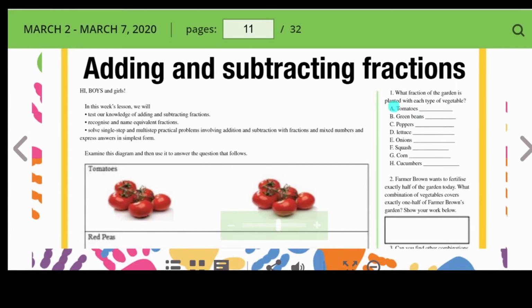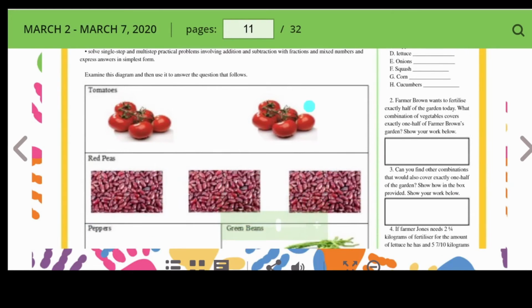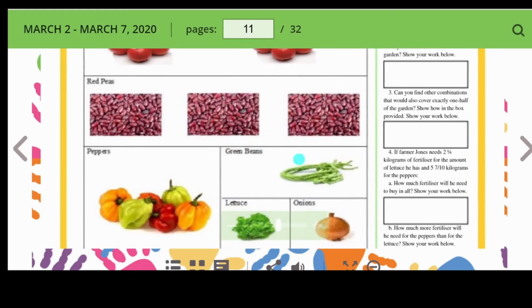So going back now, it says what fraction of the garden is planted with each type. We know that for the tomatoes we have 4/20ths, as a fraction. For the peas 4/20ths. For the green beans it would be 2/20ths, so 2 parts out of 20, right?